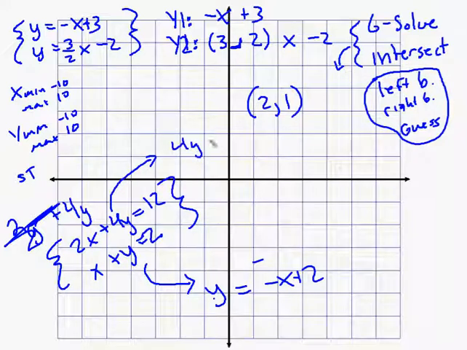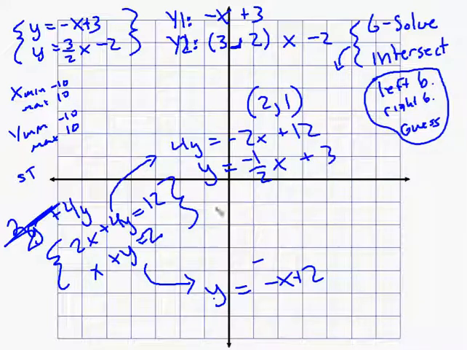So I get 4y equals negative 2x plus 12, and then I divide by 4, and I get negative 1/2 x plus 3. So I'll put in y equals negative 1, this little thing, 2x plus 3. So I'll put those 2 in, and I do the same thing. I do my gsolve, and it'll pop out the answer.